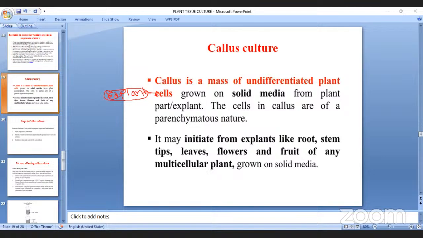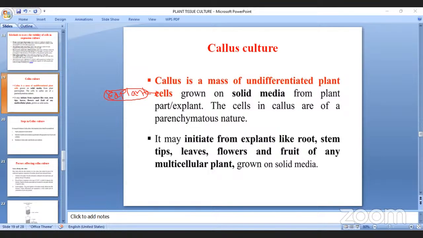So how do we provide aseptic condition? During aseptic condition, we sterilize the surface of the explant with the help of HgCl2, mercuric chloride, and sodium hypochlorite, and also some detergents, and finally wash with distilled water. So that is the first step.